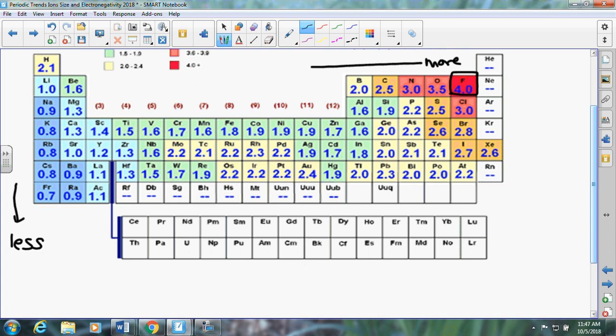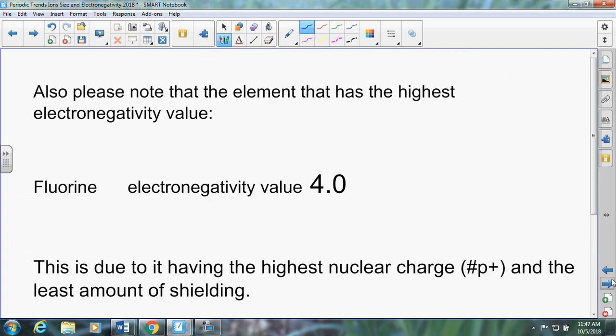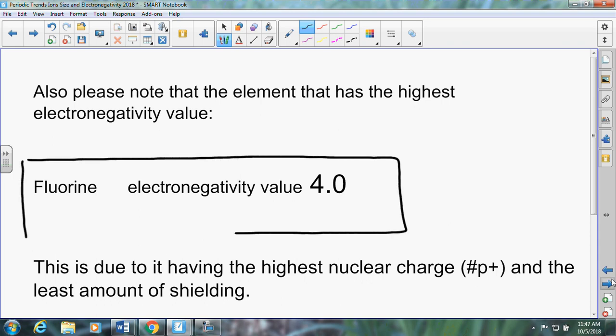I'm going to move to the next thing and ask you to note the element that has the highest electronegativity value. This needs to be written in your notes, and you might want to even visualize or circle on your own periodic table that fluorine is the element with the highest electronegativity value assigned, which is 4.0.